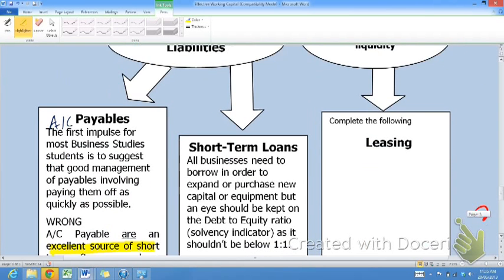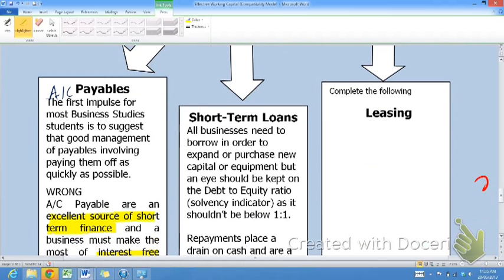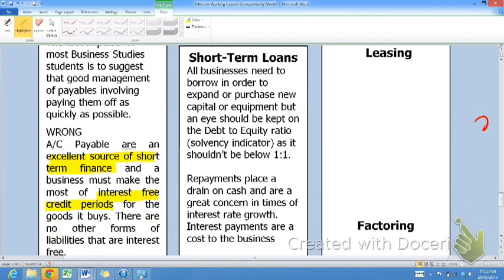Now with short-term loans, again, they're a necessary evil, okay? And I've just made a point here that all businesses will need to borrow in order to expand or purchase, okay? And without clouding the issue here, we don't want to beef up short-term loans, because that will actually affect our debt-to-equity ratio.